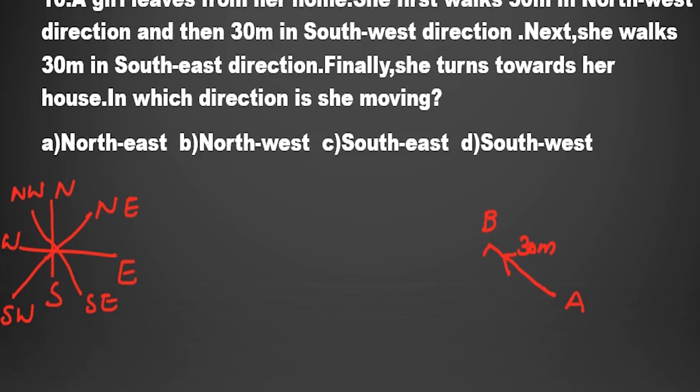From B she again walks in the southwest direction. Southwest is downwards. 30 meters in the southwest direction to C. Next, she walks 30 meters in the southeast direction.